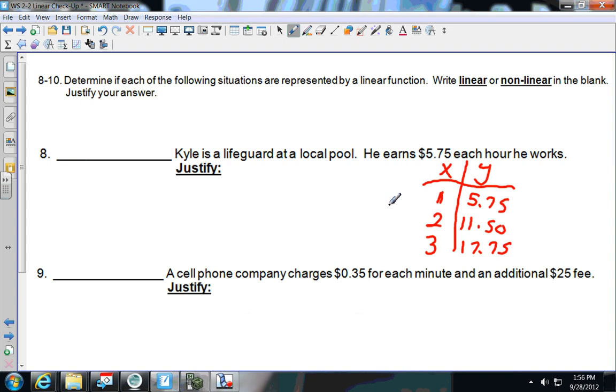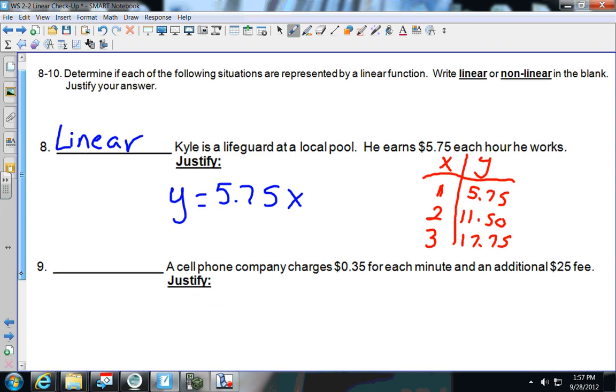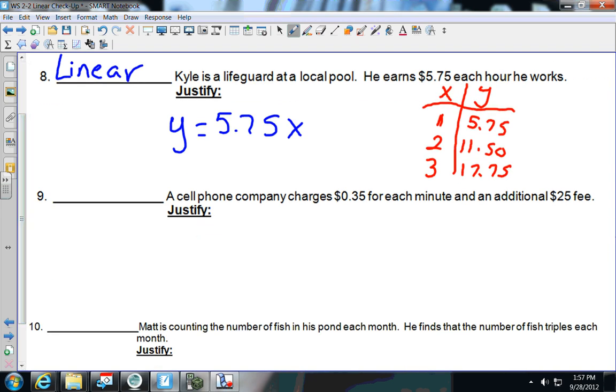Can you write an equation for this? Y equals 5.75 times x. You can even put that in the calculator and see if it makes a straight line. Yes, that is linear. The next one, a cell phone charges 35 cents for each minute and an additional $25 fee.